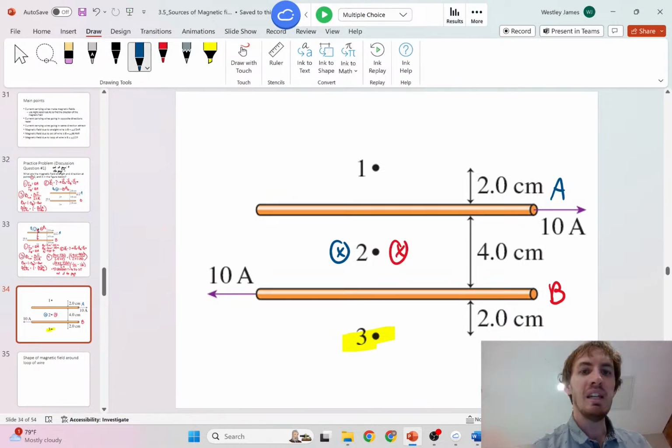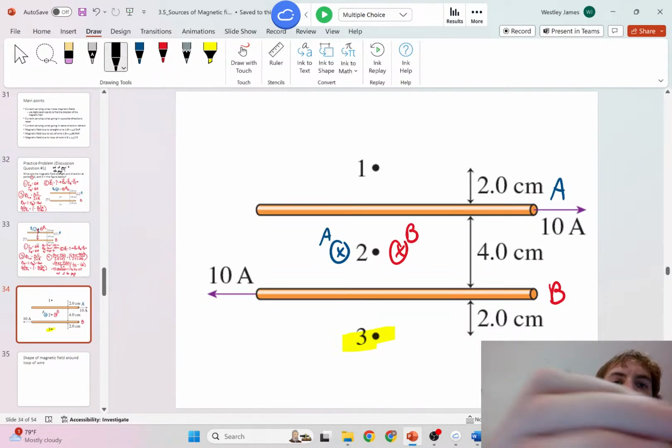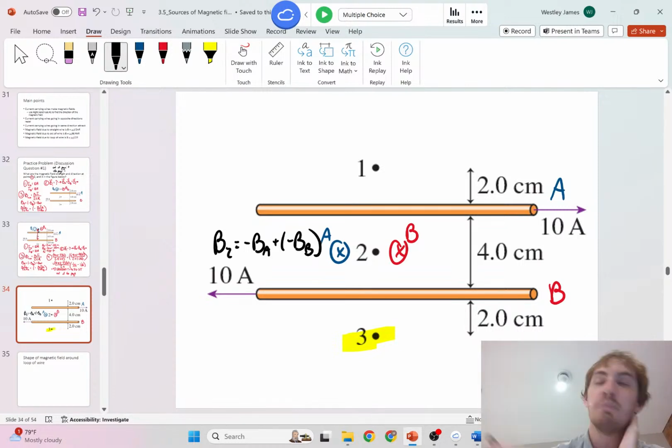So what does that mean? It means both of the vectors will be negative. So when you are getting the net field here, B at 2 equals negative B of A plus negative B of B. Because we just said into the page was negative.